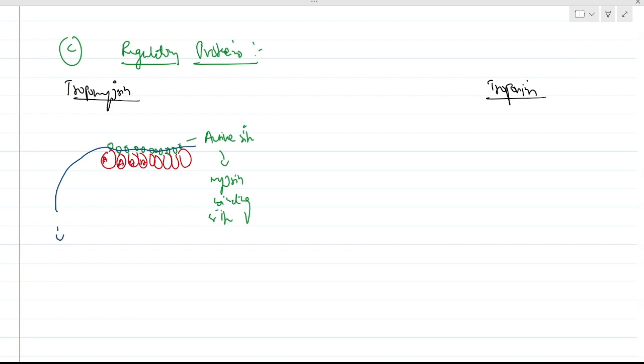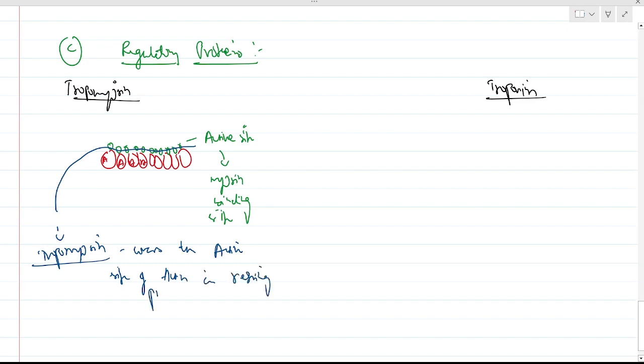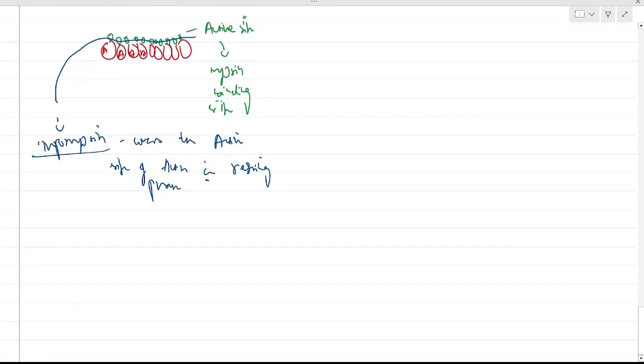This is our tropomyosin, which covers the active site of actin in the resting phase, so that there will be no contraction.